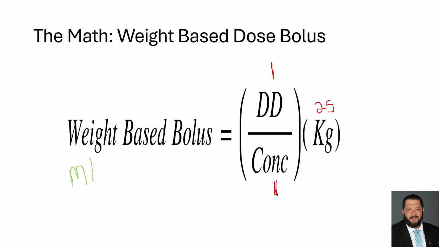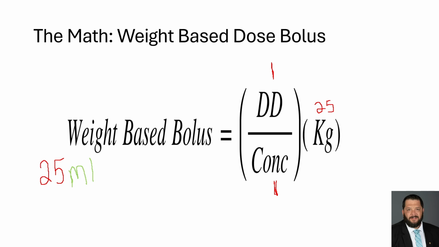But the term kilograms was canceled because it was also present in our desired dose. So our math expression that's left is 1 divided by 1, which is 1, multiplied by 25, which is 25 milliliters. 25 milliliters is the volume of medication you're going to draw up and give the patient.